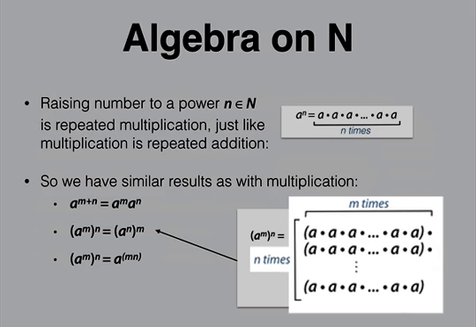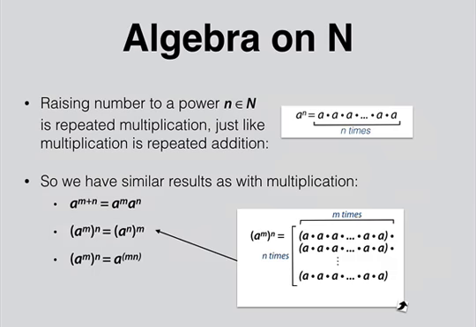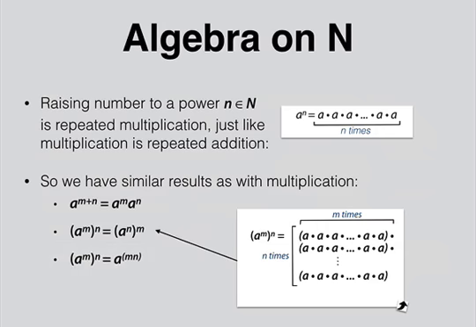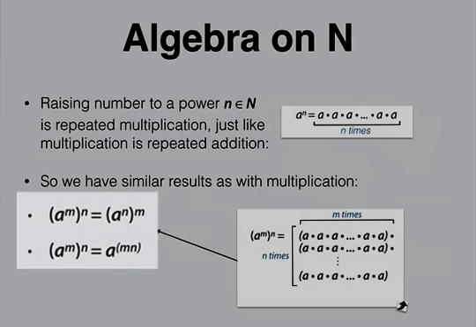So a to the m and then to the n is the same as a to the n and then to the m, which is also the same as if you multiply m by n first, you get the number of entries in this grid, and then you raise a to that number of entries, right? Then a is multiplied by itself that number of times. So all of these are equal: a to the mn, a to the m and then to the n, a to the n and then to the m.